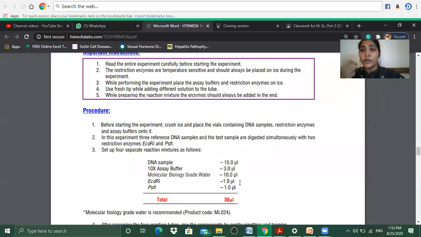We all know that while using the micropipette you have to stop at the first knob, then suck the solution, and then accordingly dispense it into your reaction tube.